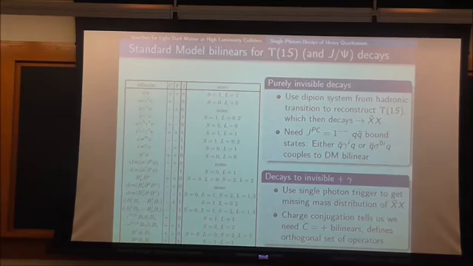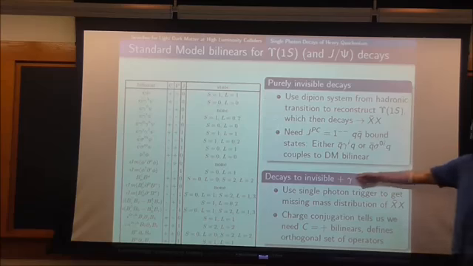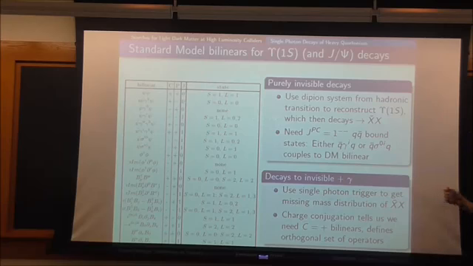So the effective operators are constructed by taking a standard model bilinear and a dark matter bilinear. Your standard model bilinear is related to whether you're looking at a purely invisible decay to dark matter, or invisible plus gamma.